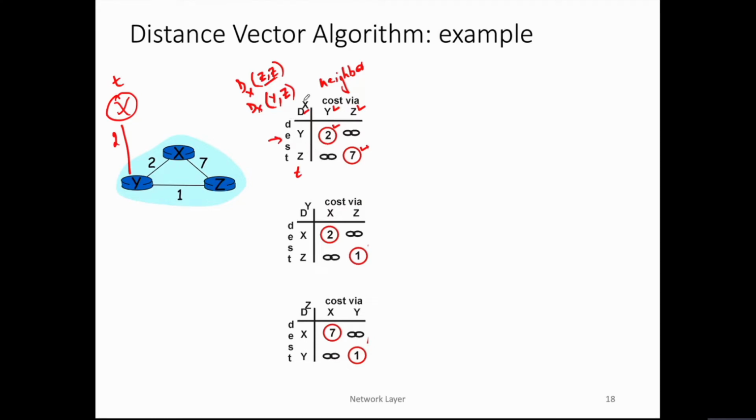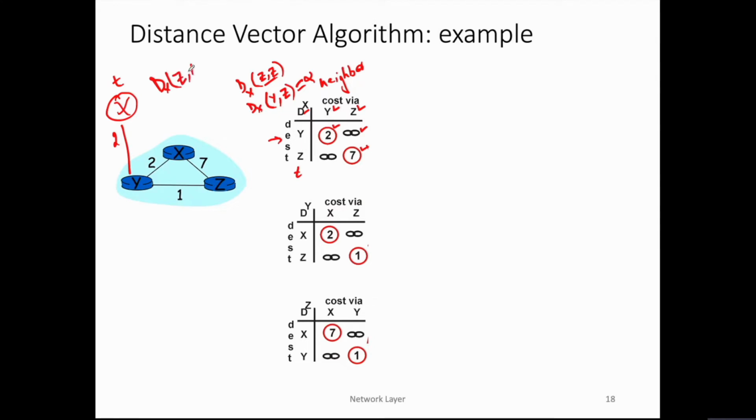And what do you think was the cost to reach from x to z via y? I will write it one more time. That is the cost to reach from x to destination z via y.